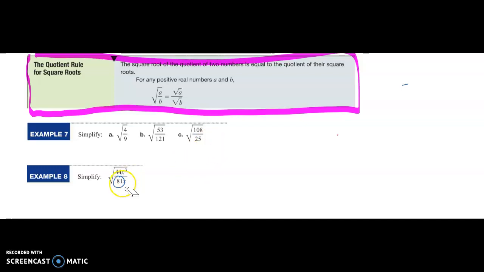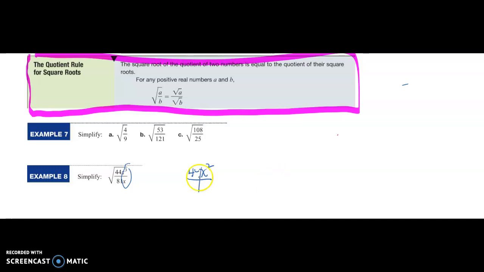What I also want you to see is we could simplify this x to the third over x. Going back to when we divided like bases, remember how we would ask ourselves, how many x's can I cross off and where would the extra ones be left? Well, x to the third over x is actually x squared, because I could cross off 1, and then I have this 44, and then I have this 81 down here.